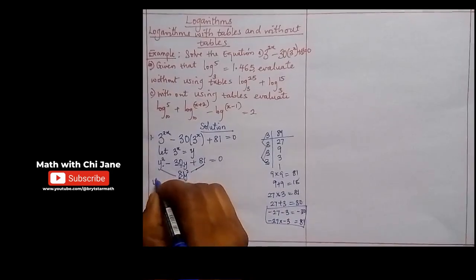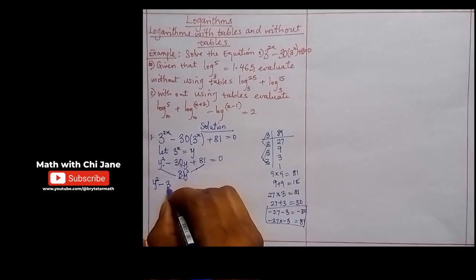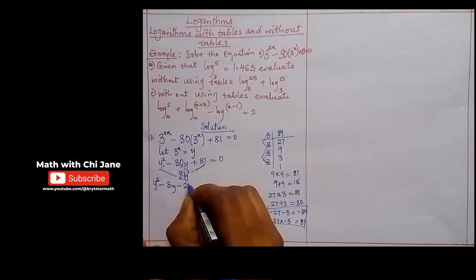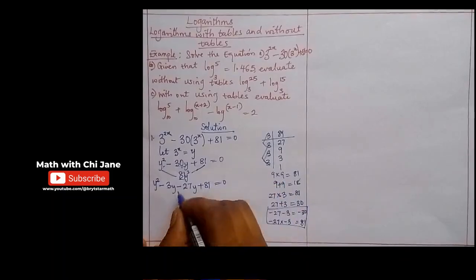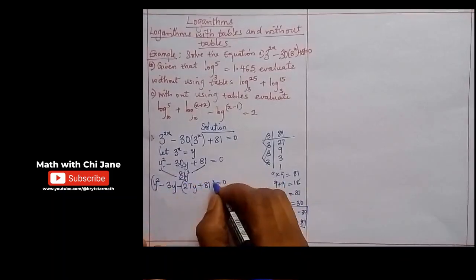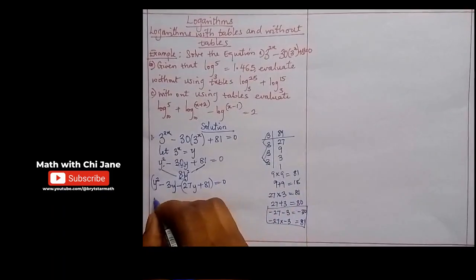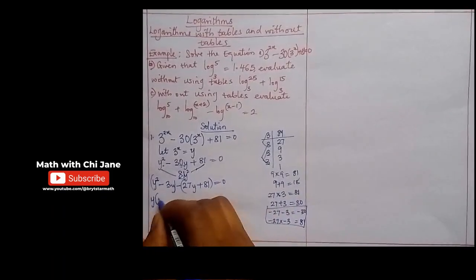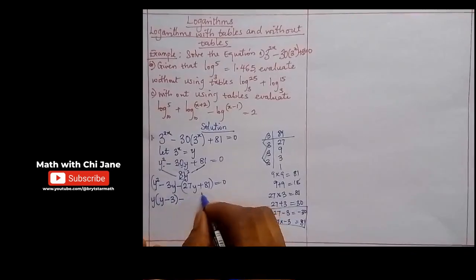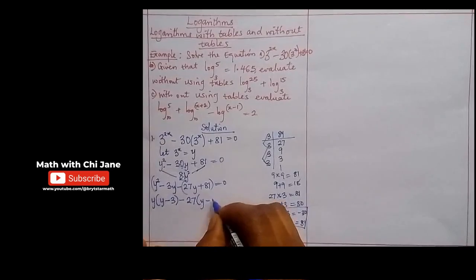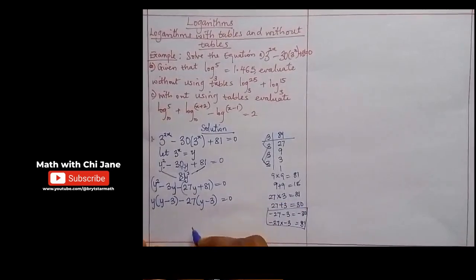So we have y squared minus 3y minus 27y plus 81 equals 0. You group them in brackets. When you factorize, you have y times y minus 3, and 27 is common here, so we have y minus 3 equals 0.